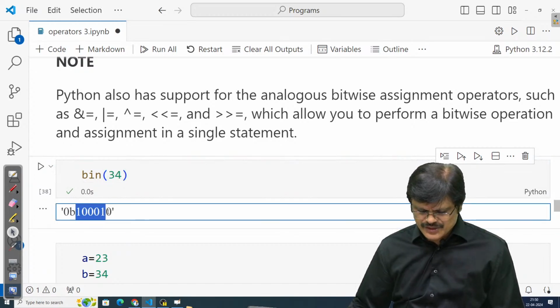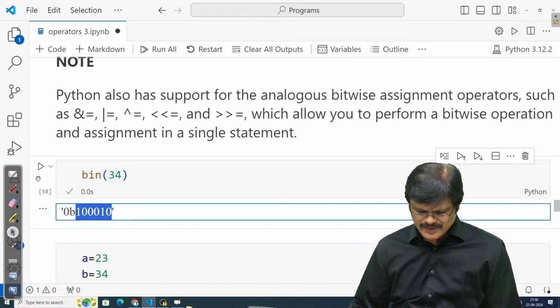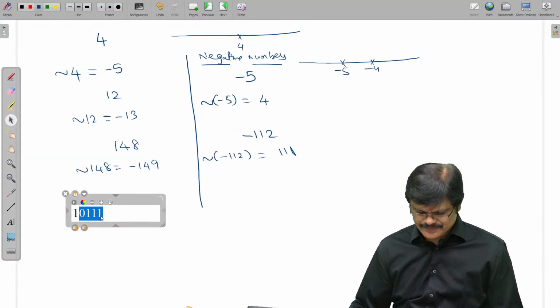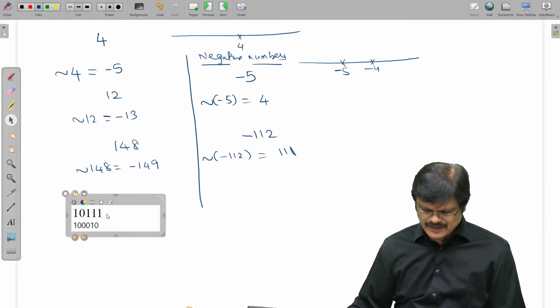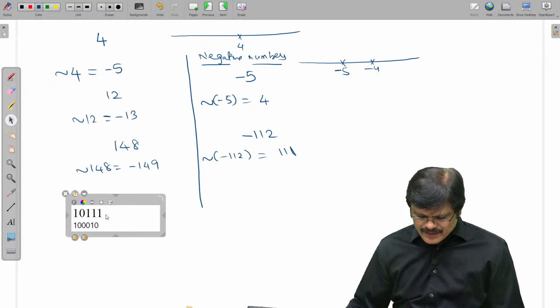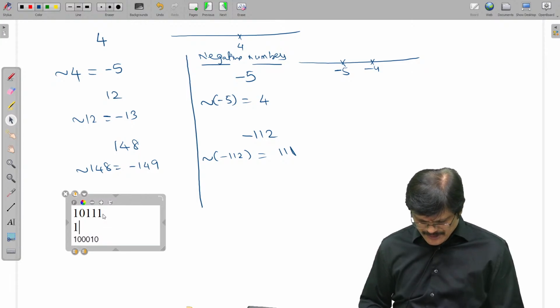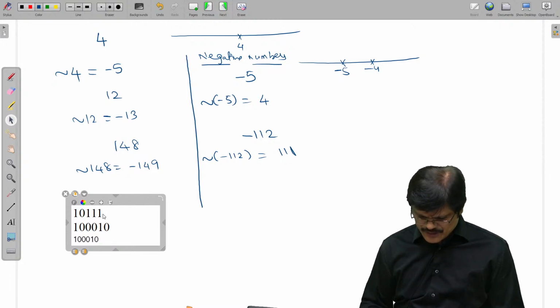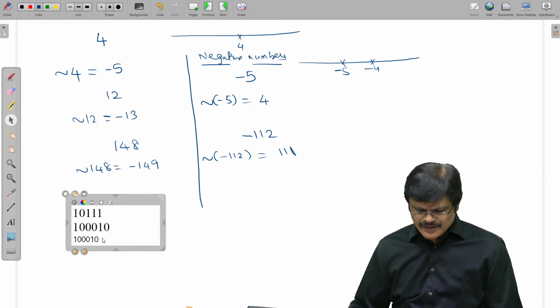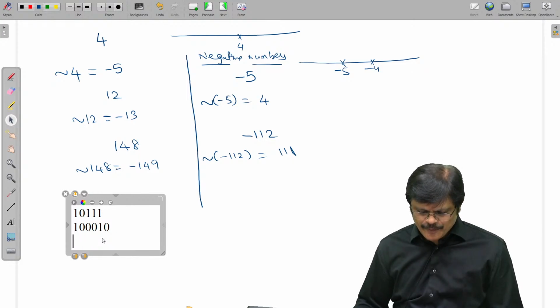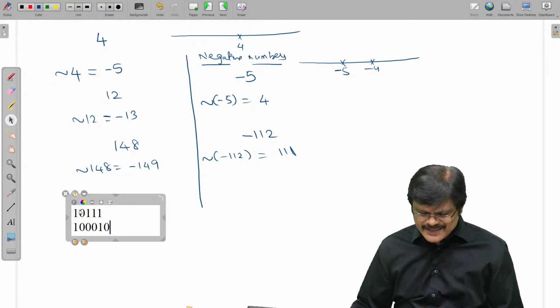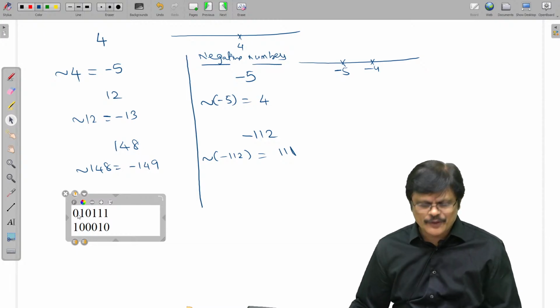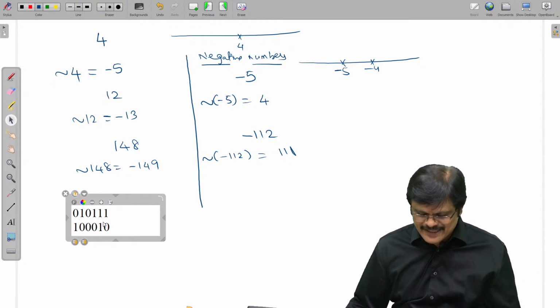This is 100010. So don't worry if you don't have matching digit counts. Don't keep zeros on the right side. You can keep zeros on the left side, as many zeros on the left side as possible.